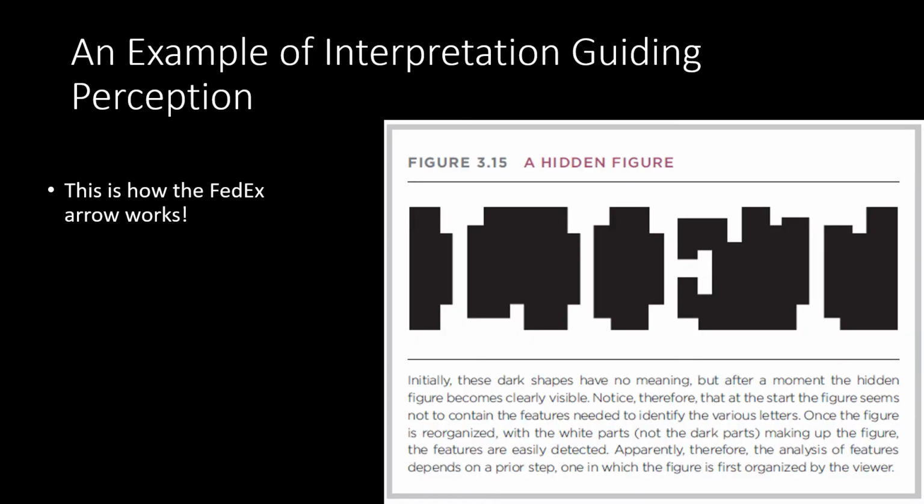Here's an example to show how interpretation can actually guide perception. So if you look at these little black figures for a little while, maybe you already see the secret here. But if not, think of another word for to pick something up and see if that changed all of a sudden. And if it still didn't change, no worries. Think about the word lift and now look at it closely.